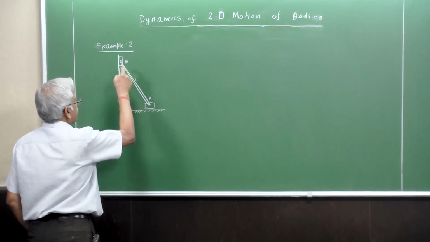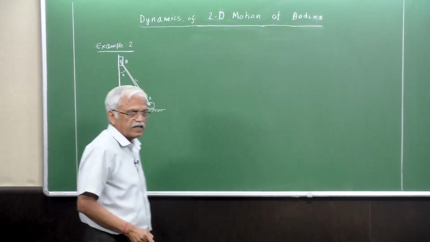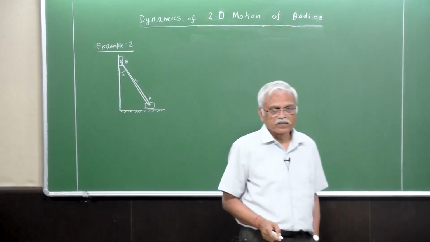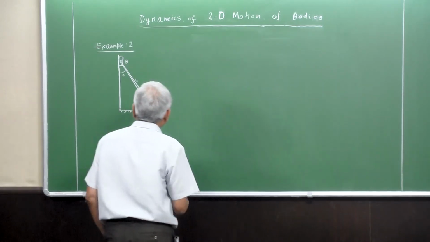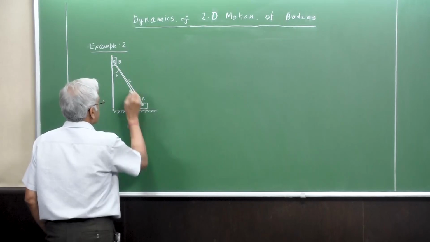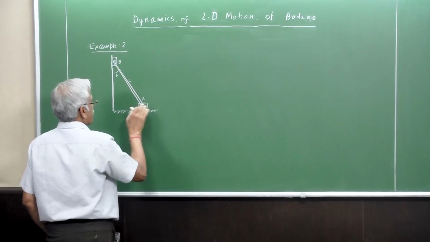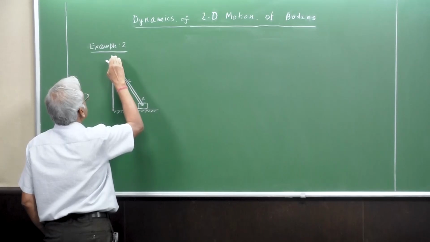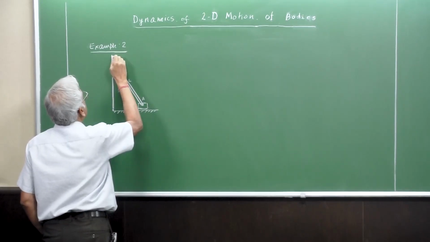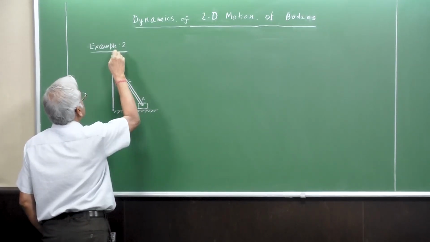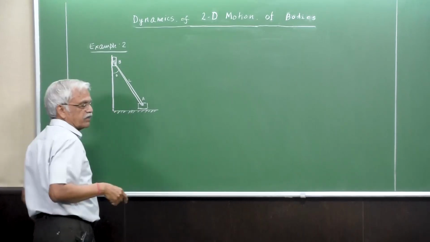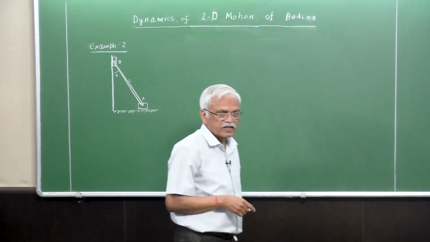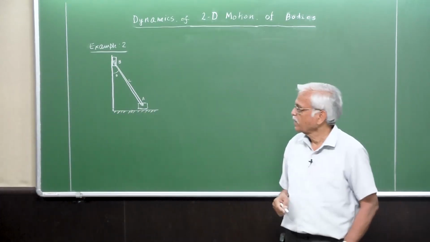Its length AB is L, and it has a mass M. So as you understand, when this starts sliding, the point A moves on the horizontal ground, starts slipping, and even B starts moving along the vertical wall, and its motion is vertical.